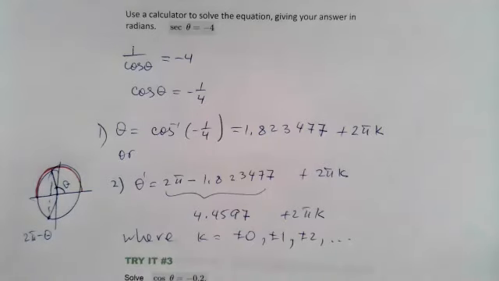So anytime that you're using a calculator to calculate your trigonometric values, please keep in mind that the calculator will only give you one value. Even if there are many more, the calculator will only give you one value. So you have to figure out the rest of the values by yourself. All right.